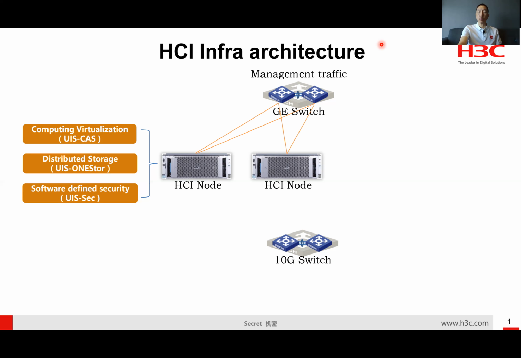When you build two nodes and work together, you must have the management switch to connect these two nodes and let them run as one virtual single cluster. These two nodes will talk to each other automatically and provide all the computing virtualization, storage virtualization, and also the security virtualization features. And the bottom 10 gig switch provides the compute and data traffic within these two nodes.